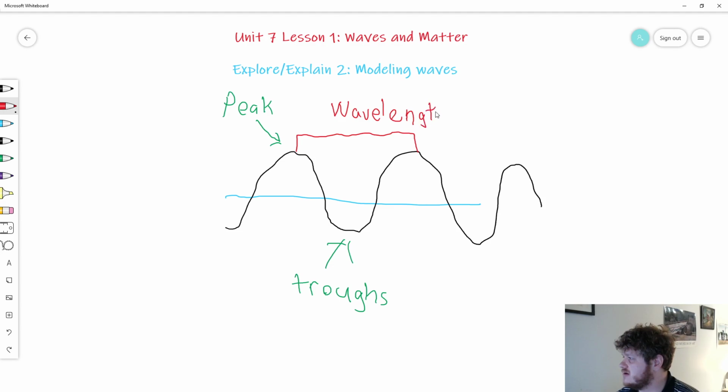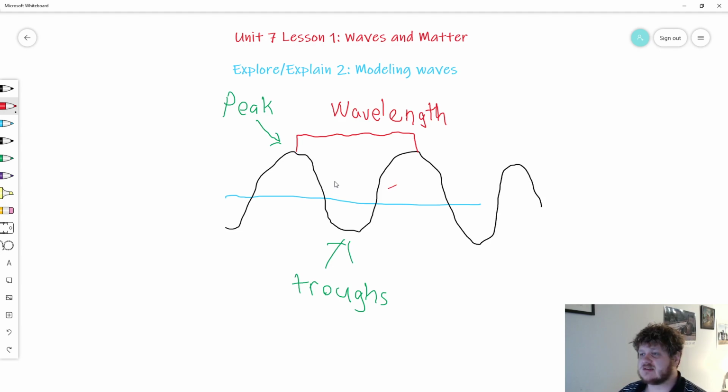Similarly, wavelength is a little bit related to what is called the period, which is the inverse of the frequency. If we wanted to find the period, say this was a wave moving through the water, the period would be the amount of time it takes for the wave to complete one wavelength.